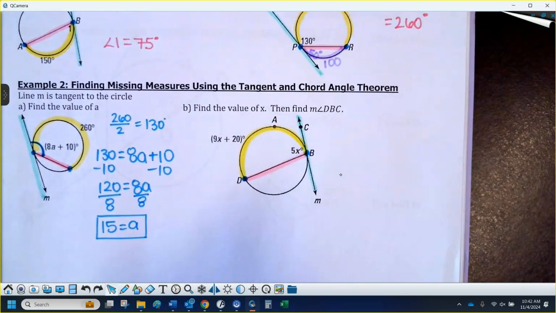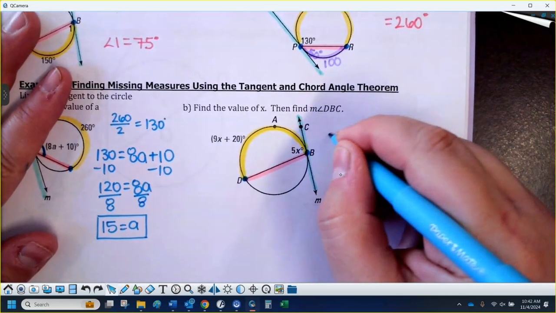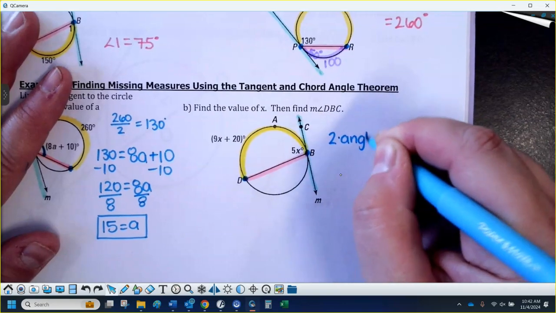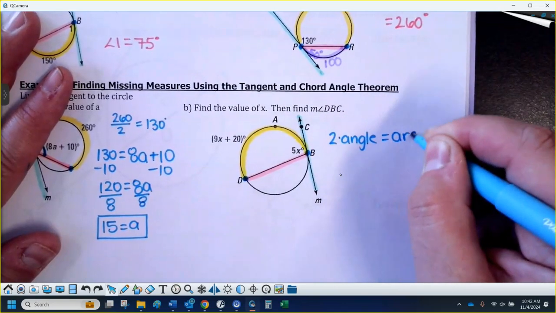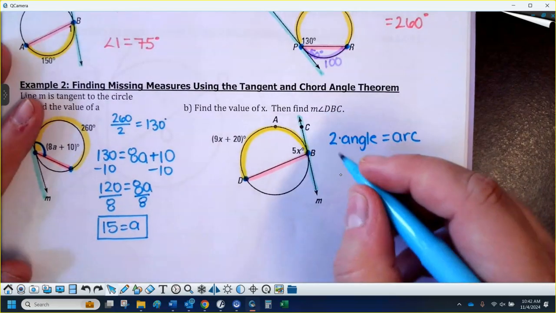Okay, all we have to do: 2 times the angle is going to equal the intercepted arc. The other thing you could do is half the arc equals the angle, but I think that's a little bit harder. So I'm just going to multiply by 2.